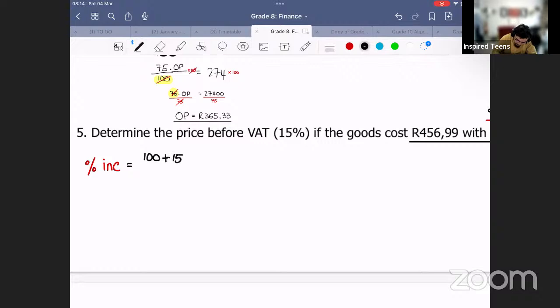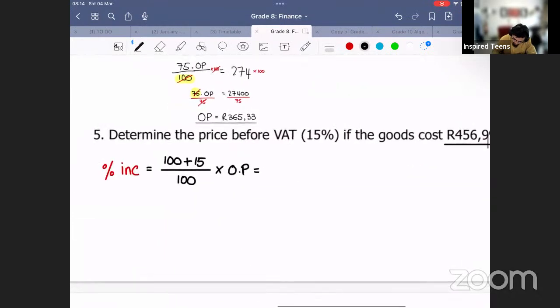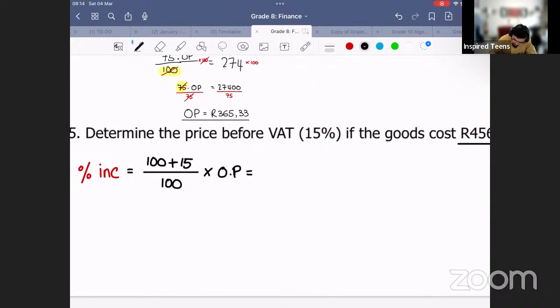So in this case, VAT is 15%, divided by 100, multiplied by the amount before VAT, and that's going to give us the amount after VAT. Does that make sense?